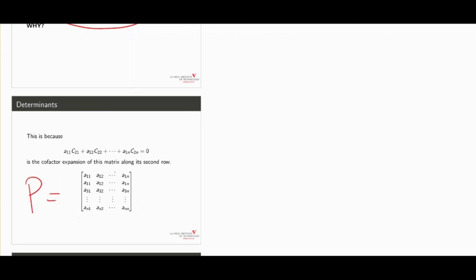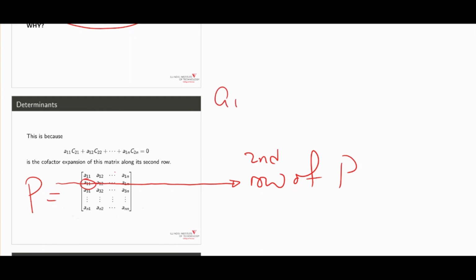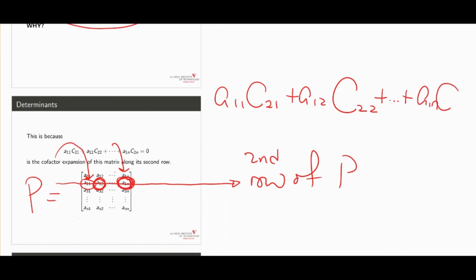Let's look at what happens when I do my cofactor expansion along the second row of P. So you will take A11, and then you will compute the cofactor for this entry, which is C21. Then you take A12, and the cofactor for this entry is C22. And at the very end, you will have the entry A1n, and then the cofactor C2n.